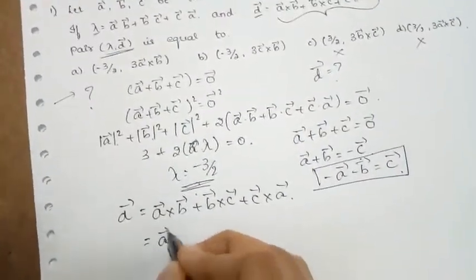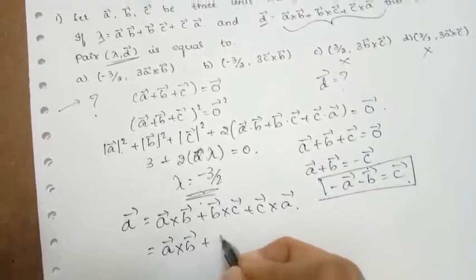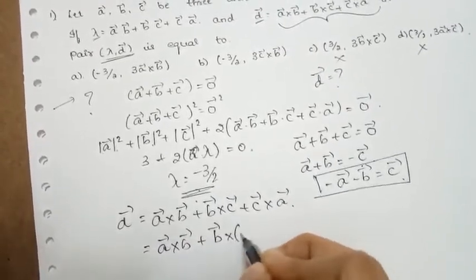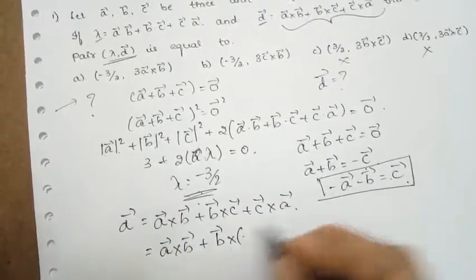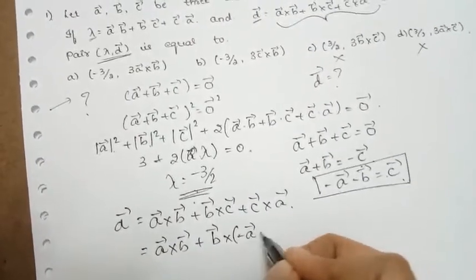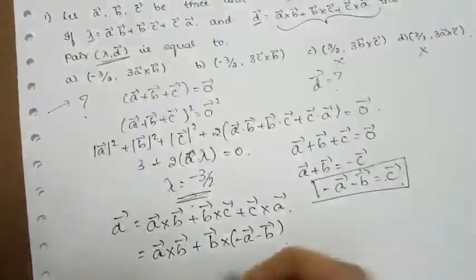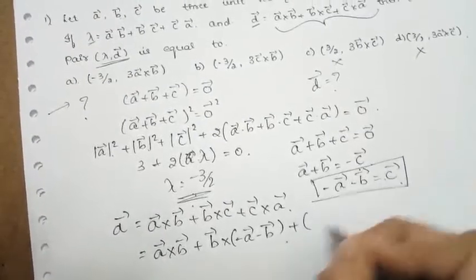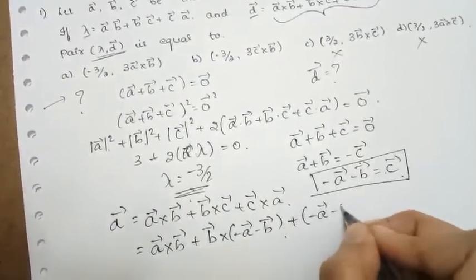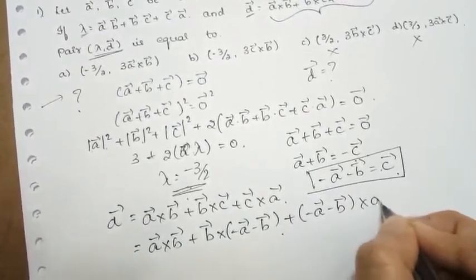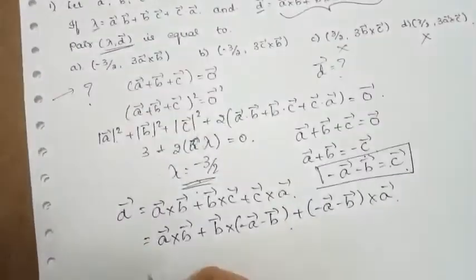What we are going to get: vector A cross vector B as it is, vector B cross, in place of vector C we have minus vector A minus vector B, plus again in the place of vector C we have minus vector A minus vector B, cross vector A.